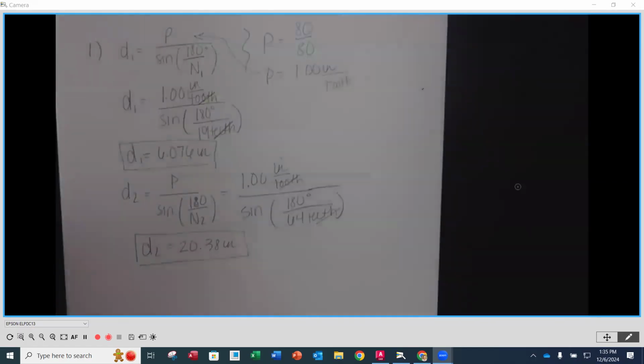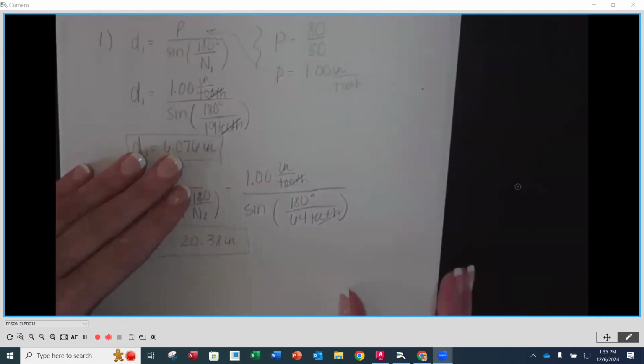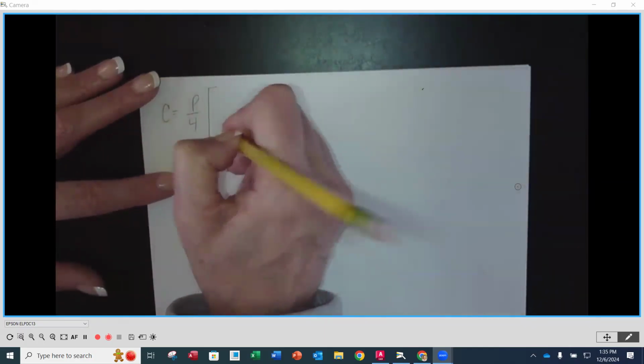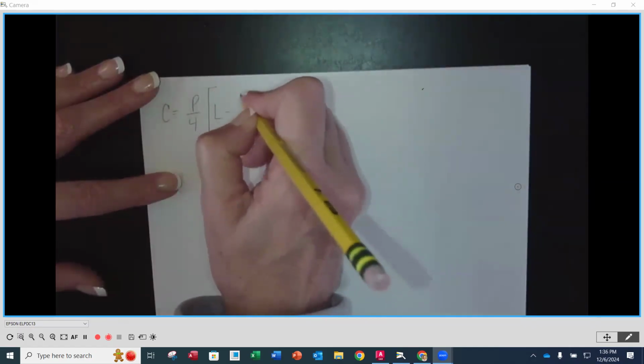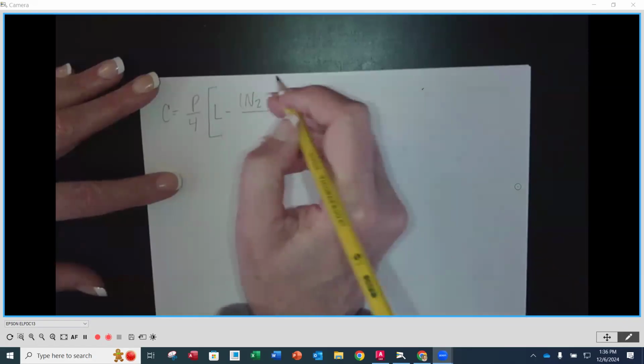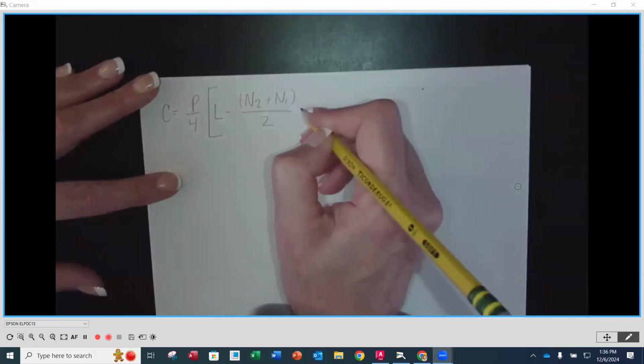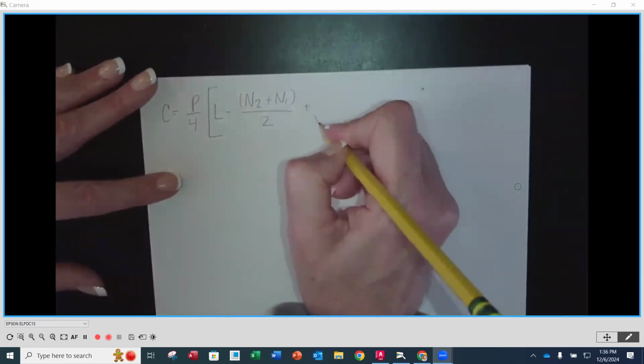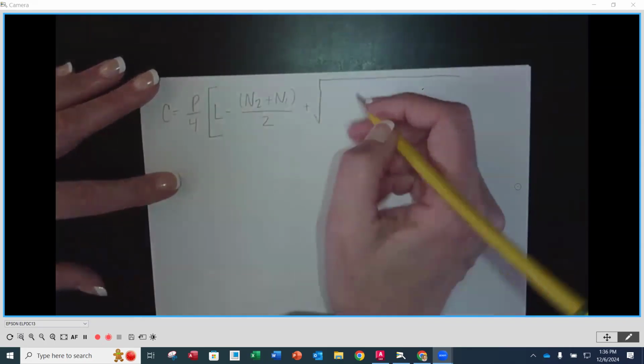So my center distance is going to be equal to, and this is that really long equation, P divided by 4 times L minus N2 plus N1. I would suggest doing this in phases because it's long.